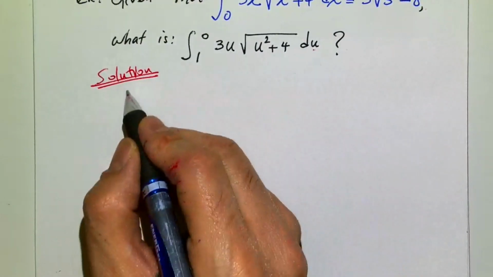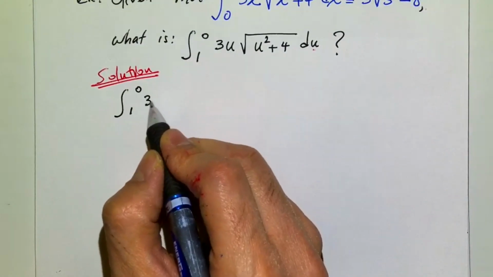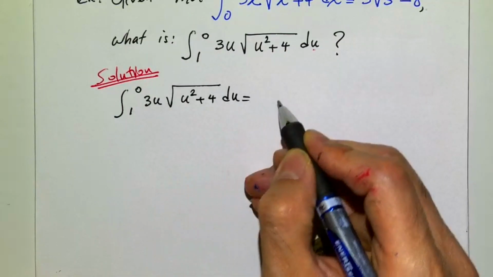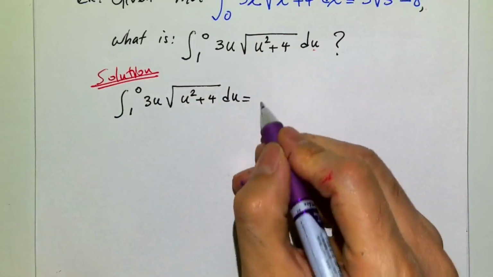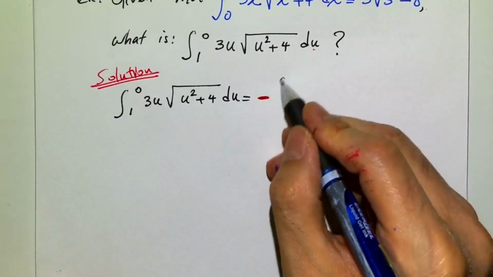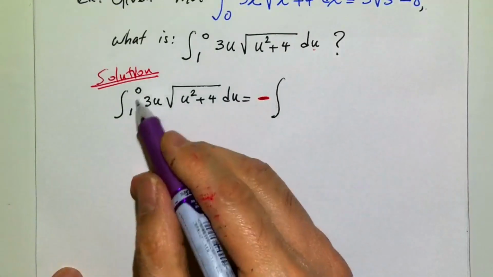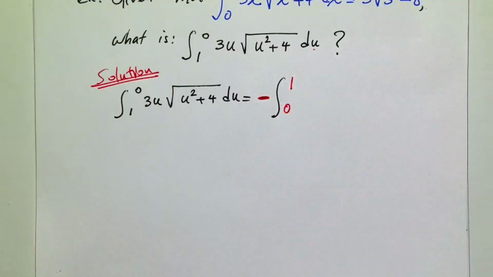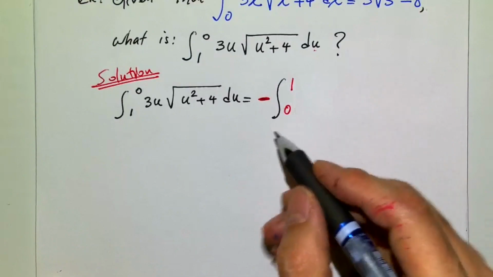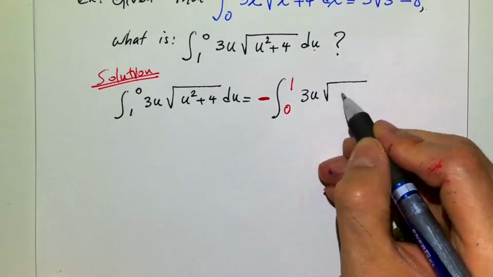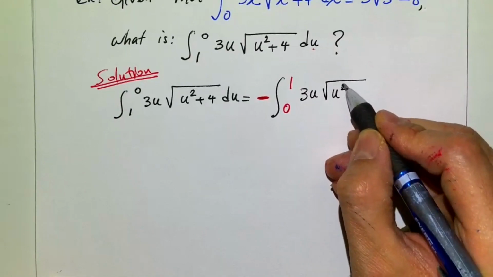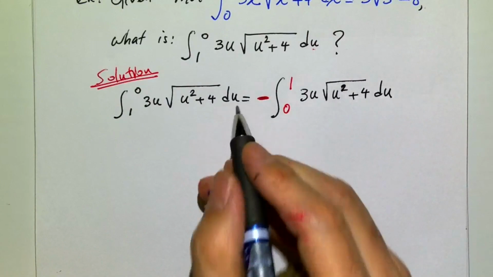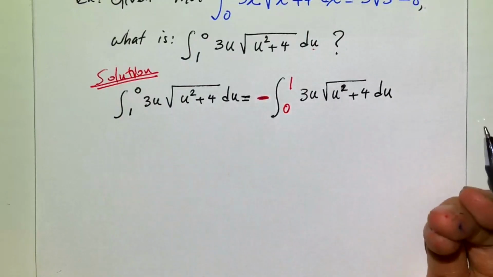What we're looking for is equal to minus, now swap the order, these red ink parts are very significant to notice, so I'm writing them in red ink, and then 3u times square root of u squared plus 4 du. Okay, that side, what we're looking for, is equal to that.